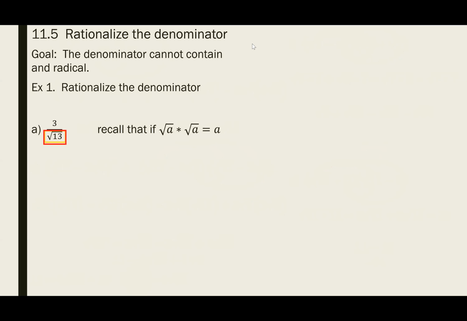In short, if you just have a square root, just like before, all we need to do is take the square root of 13 times the square root of 13, because the square root of the same item times the square root of the same item gives you that item on the outside.